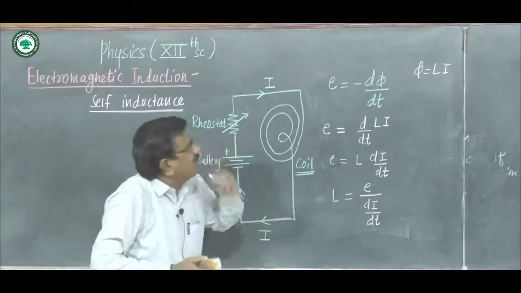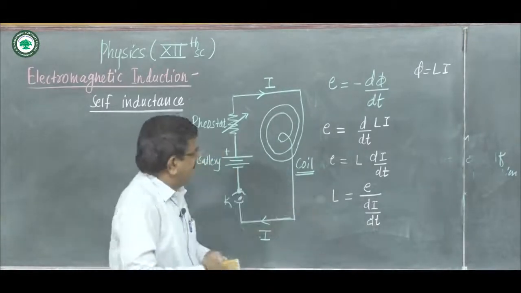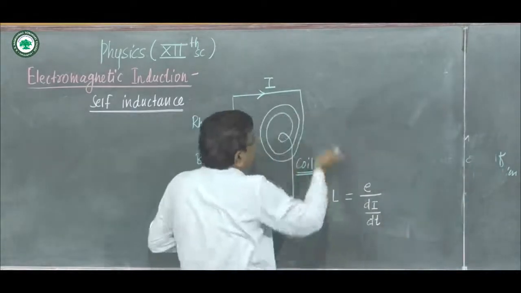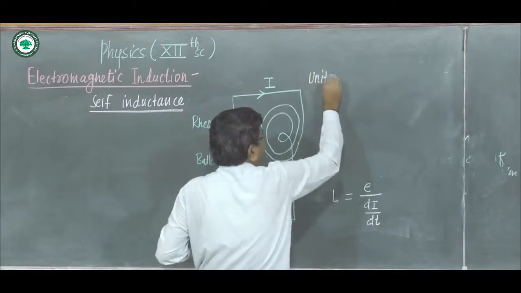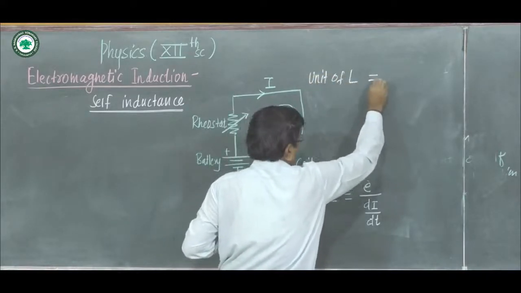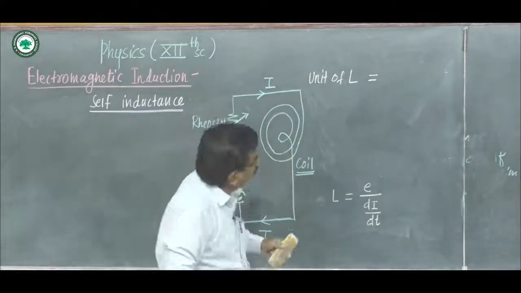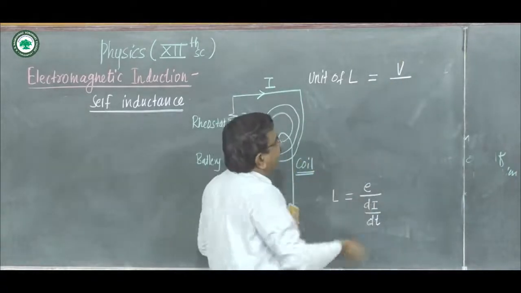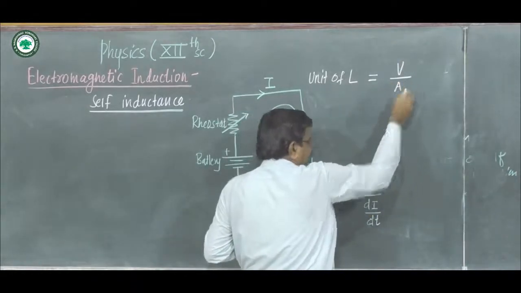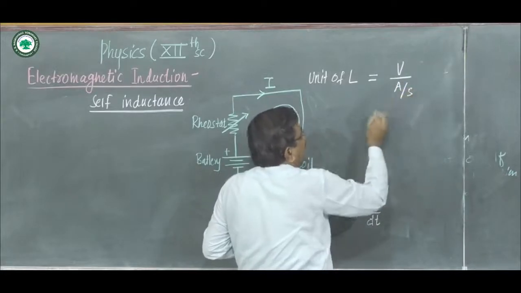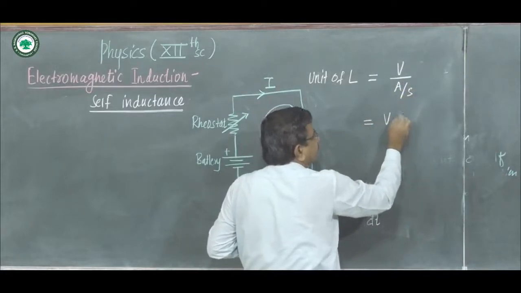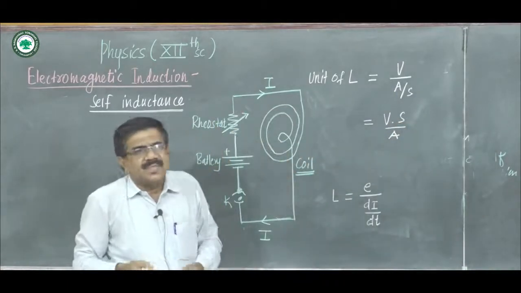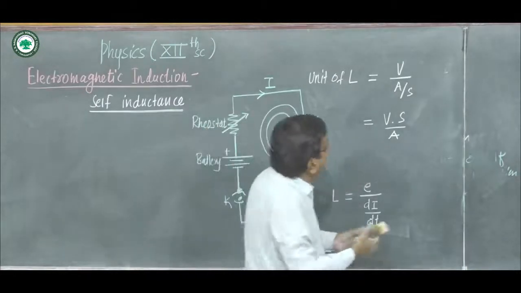So the unit of self inductance, from this formula: the unit of L is the unit of EMF, which we know is volt, upon the unit of current, ampere, per second, that is the time. We write this unit as volt second upon ampere.